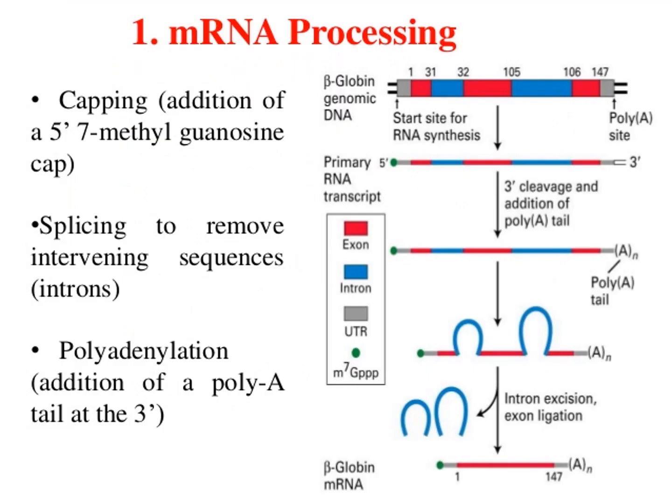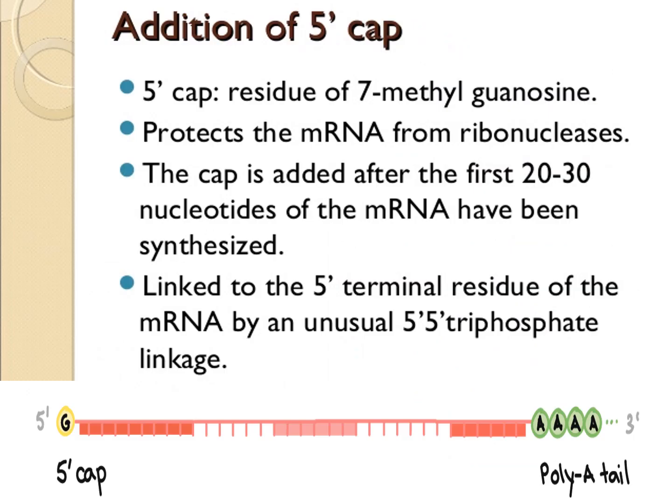Capping is the addition of a modified guanosine molecule at the 5' end of the mRNA molecule, and polyadenylation is the addition of the poly A tail, that is, adenine nucleotides at the 3' end of the mRNA molecule. Splicing is the removal of the intervening sequences, the introns, in the mRNA sequence.